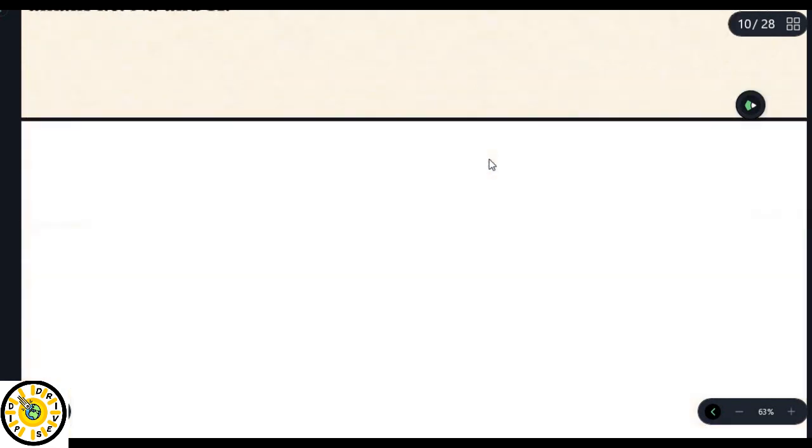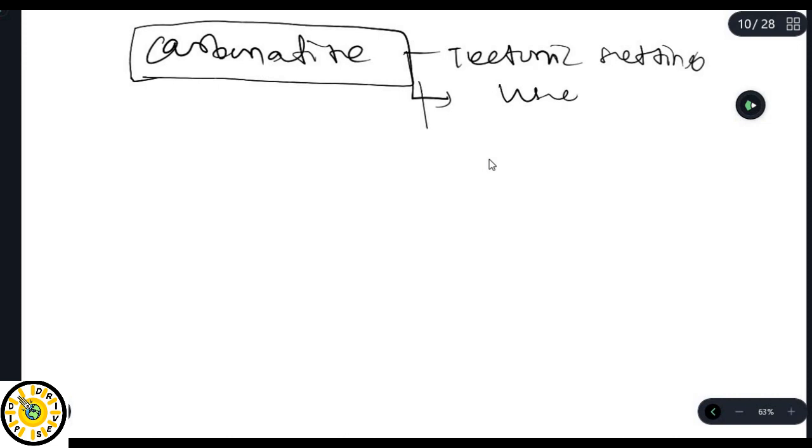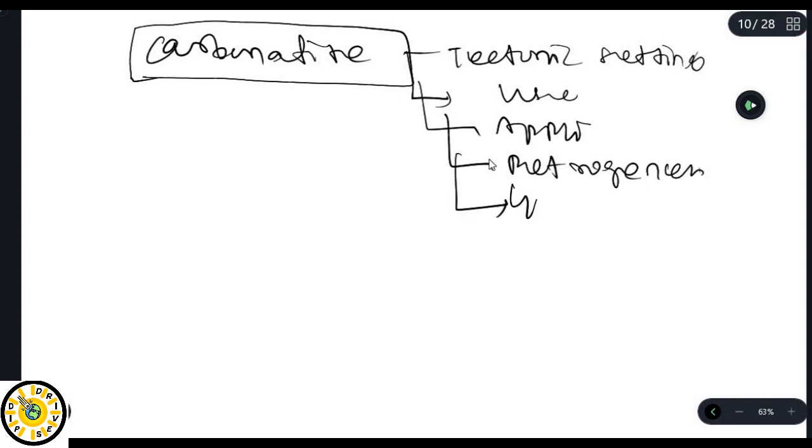as it is associated with carbonatite, let's talk about some carbonatite. When I discuss the petrogenesis of carbonatite, then I will talk about what its tectonic setting is, how carbonatite is used, its uses and applications, its petrogenesis, its geochemistry.